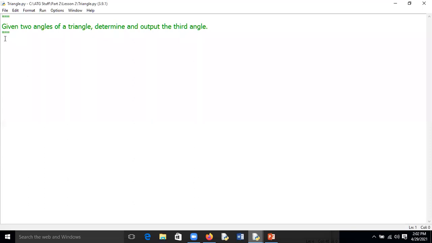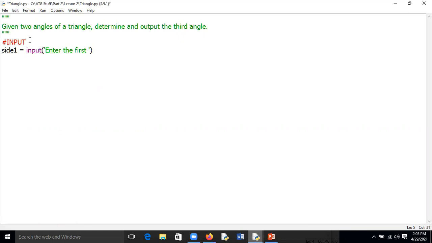So the first thing we're actually going to do is, for input, angle 1 is assigned input, and enter the first angle.